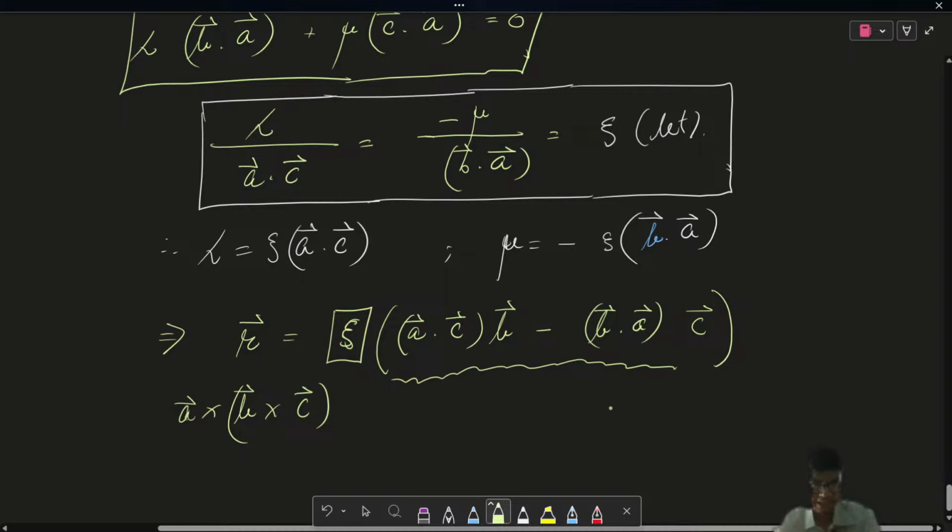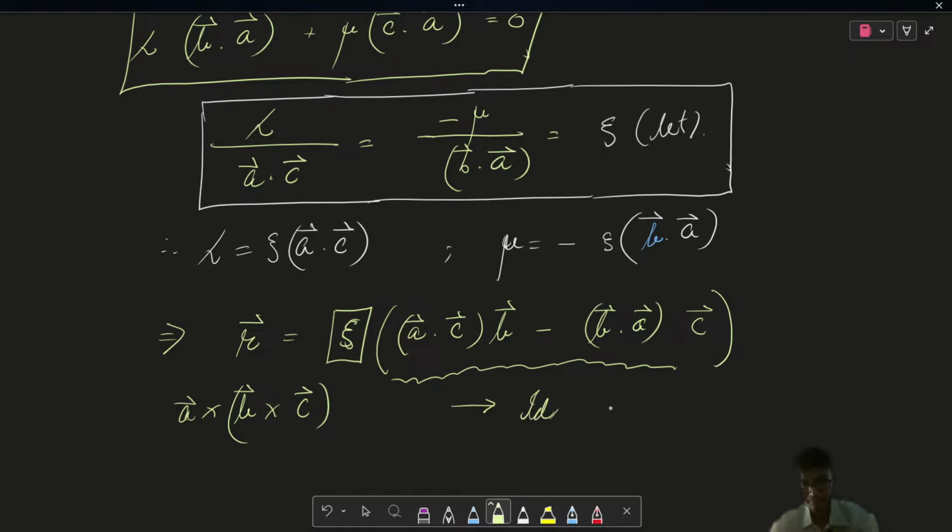So this is a vector identity, not an equation, that both the left hand side and right hand side are equal. So it is an identity, not a result. Therefore it will be valid for any value of zeta.